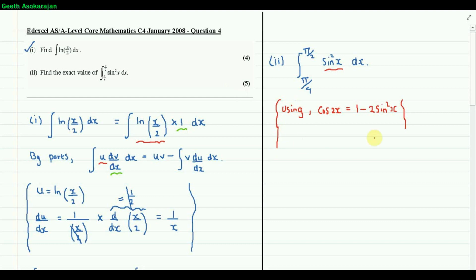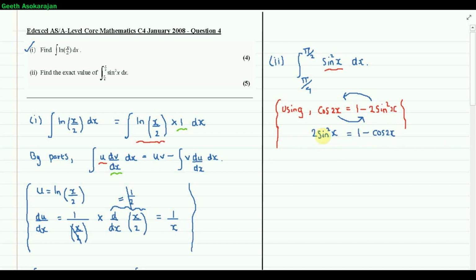Now, we need to rearrange this for sine squared. So let me go back to blue. Rearranging for sine squared, firstly 2 sine squared x. If I take this minus 2 sine squared term to the left, and at the same time the cos 2x term to the right, 2 sine squared x is 1 minus cos 2x.